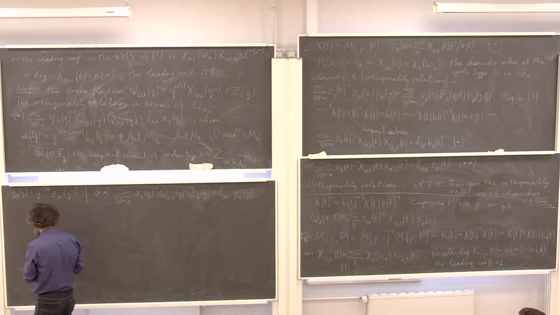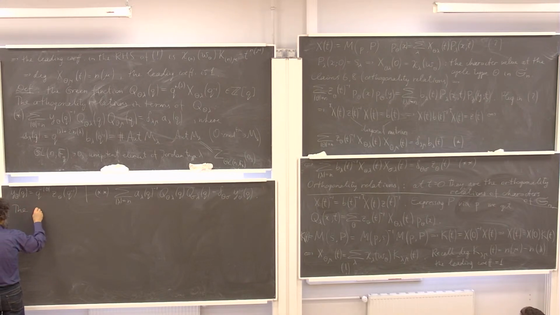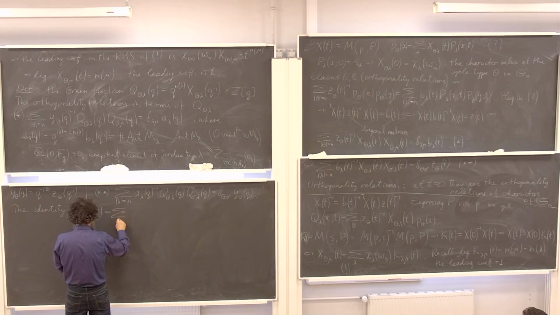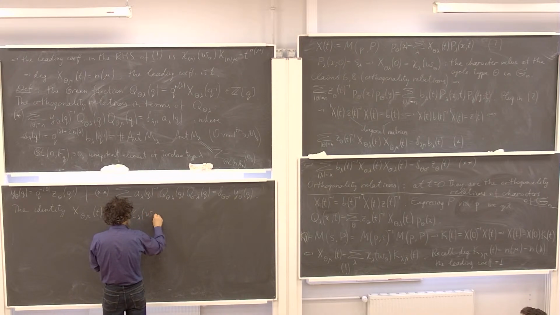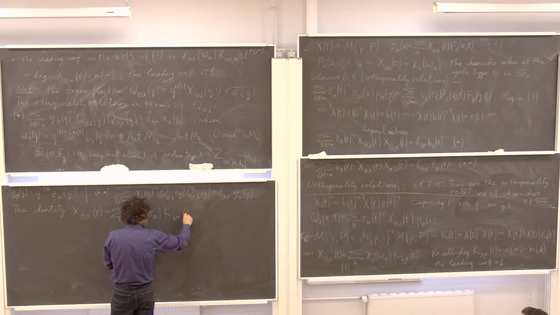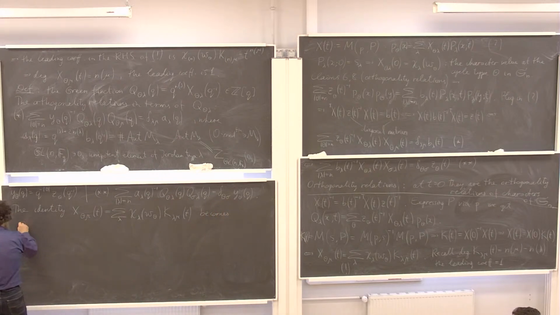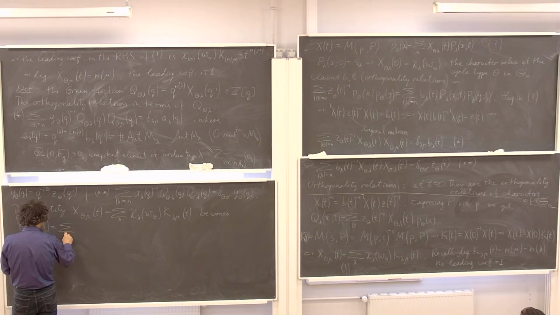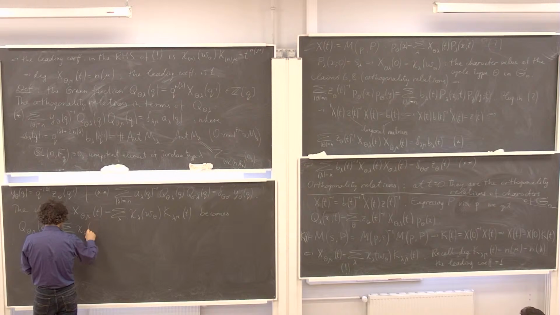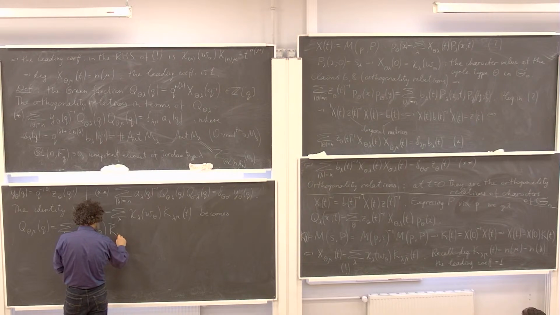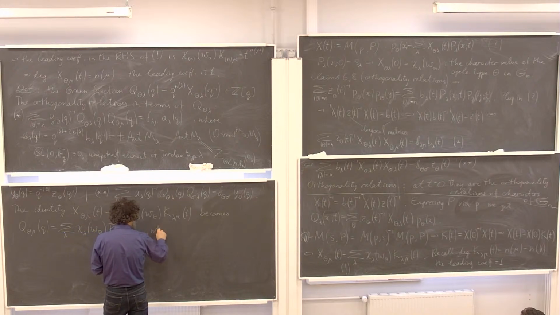Okay. And the identity x theta mu of t equals the sum over lambda chi lambda of w theta times the Kostka coefficient polynomial K lambda mu of t becomes, in terms of Green functions, Q theta mu of q equals the sum over lambda chi lambda of w theta with modified Kostka polynomials, which we defined last time.